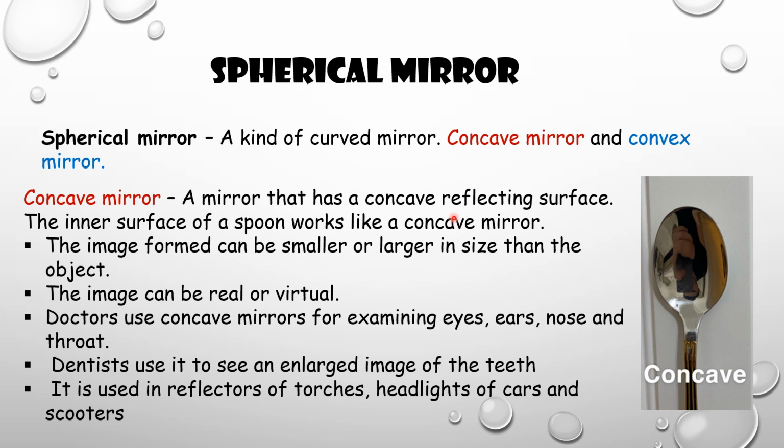I already told you, for understanding concave mirror and convex mirror, keep a spoon in your mind. So this is the inner surface. Every time you can see the image upside down when it is at a larger distance. Okay, we will discuss that one. First see, a mirror that has a concave reflecting surface.